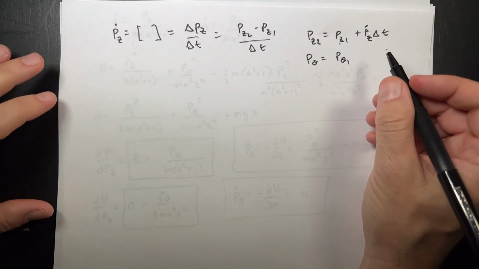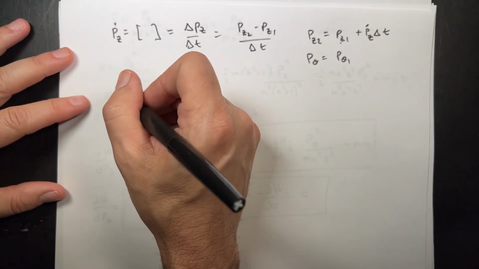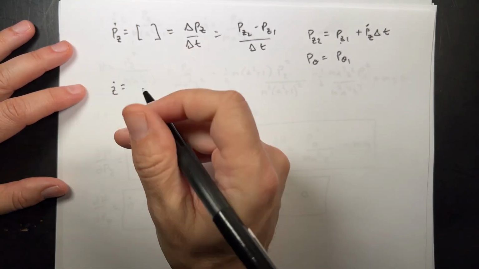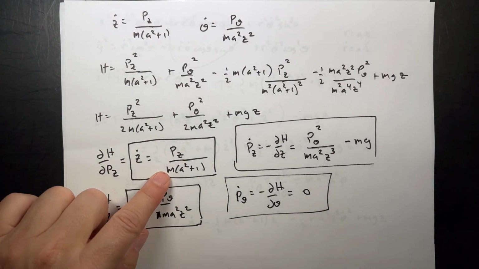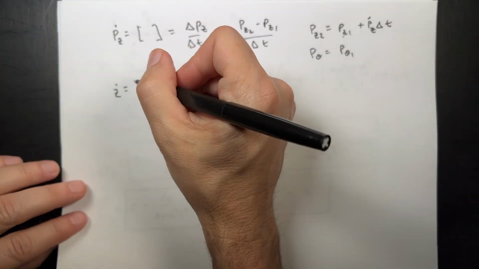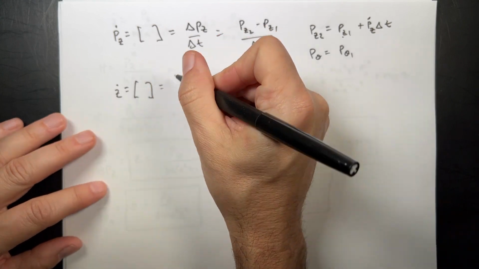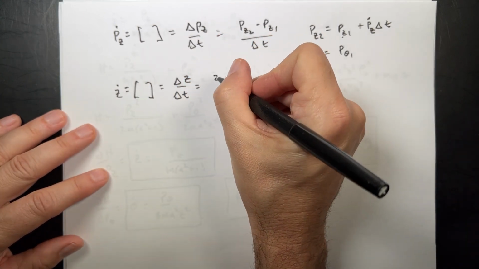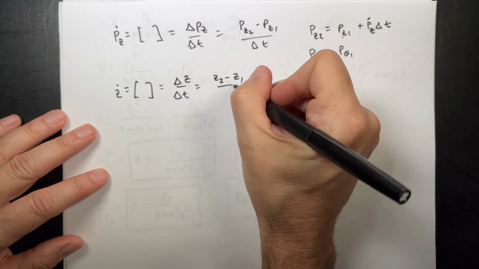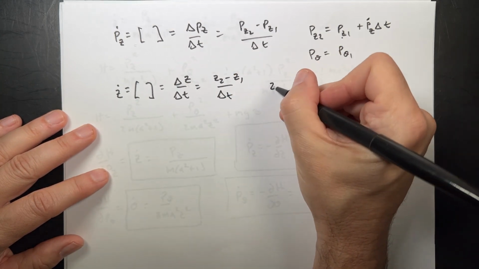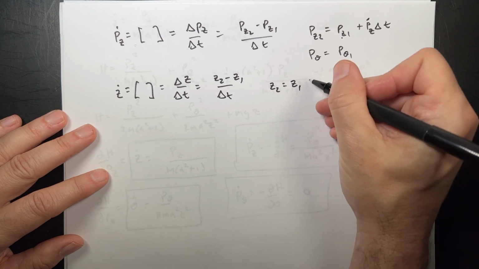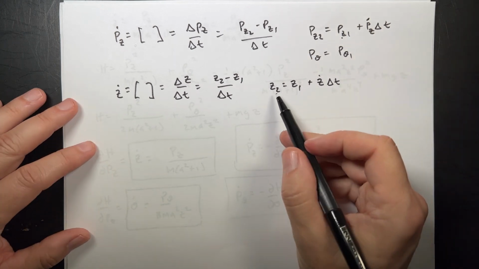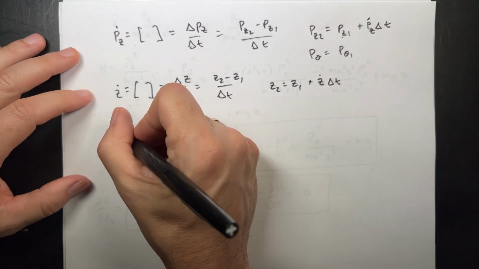And now I can go over here, and once I do that, I can calculate z dot equals this. So I'm going to calculate that, and then set that equal to delta z over delta t, or z2 minus z1 over delta t. So I get z2 equals z1 plus z dot delta t. So I can update z. And then I can do the same thing with theta dot.